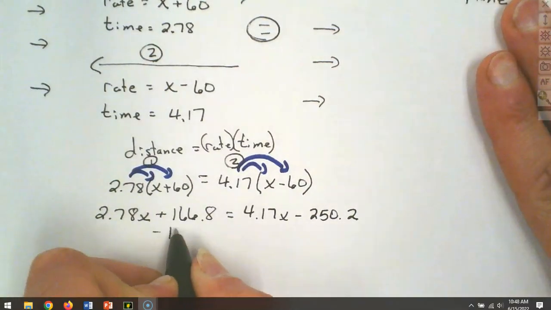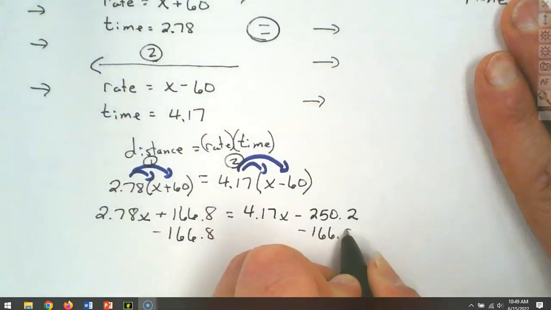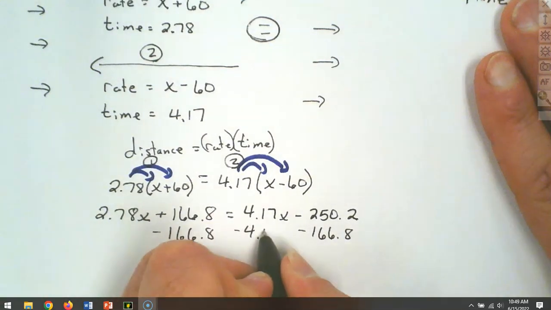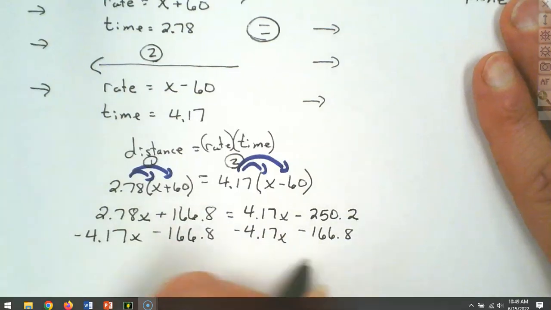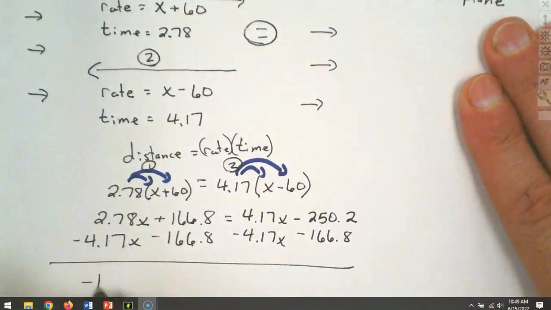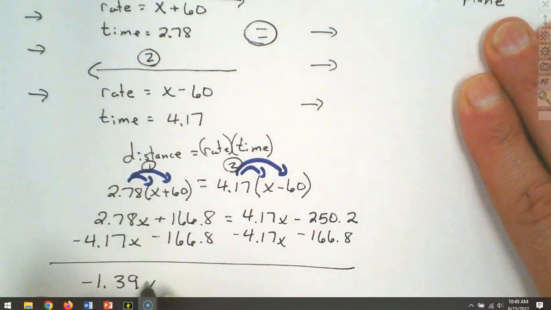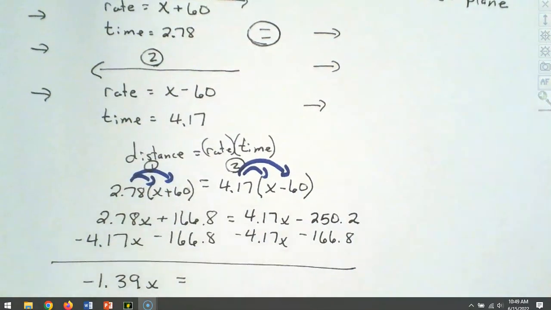I'm going to move that 166.8 over. And I'm going to move that 4.17x over as well. So 2.78 minus that 4.17 gives you a minus 1.39x. Those can go. And we've got 250.2.